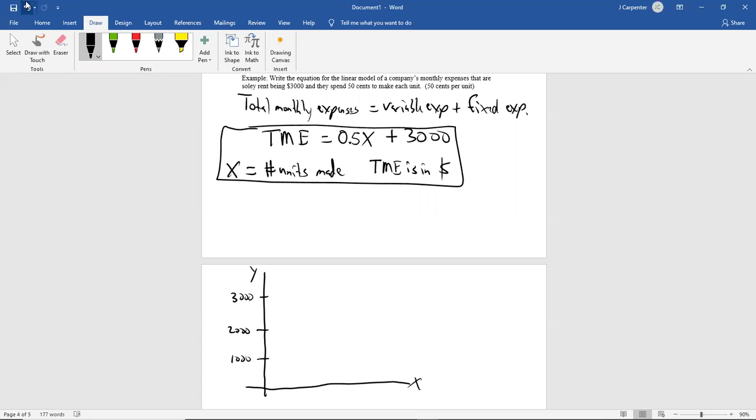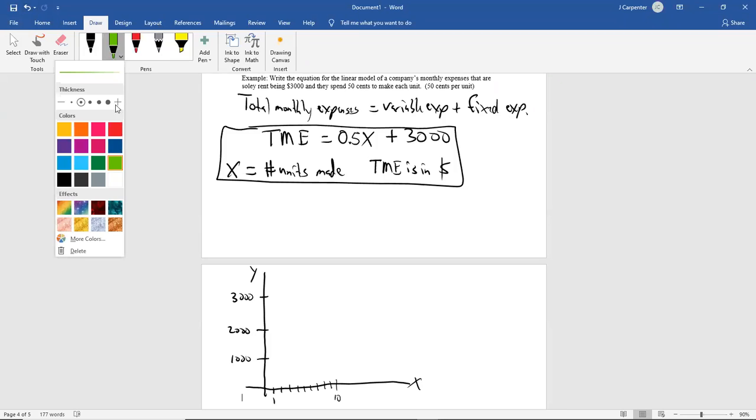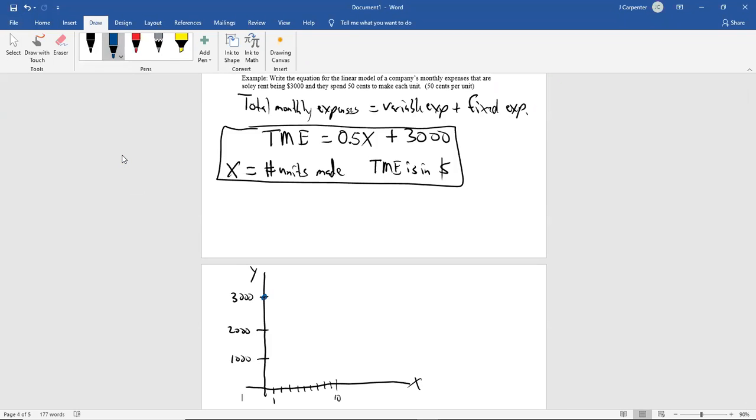But on the x-axis, since I've got 50 cents per, I can certainly just scale them as 1, 2, 3, 4, 5, 6, 7, 8, 9, 10, et cetera. So we have our first point, which is here. That was the initial or fixed amount, our y-intercept. That's our rent, and we're not making any units.